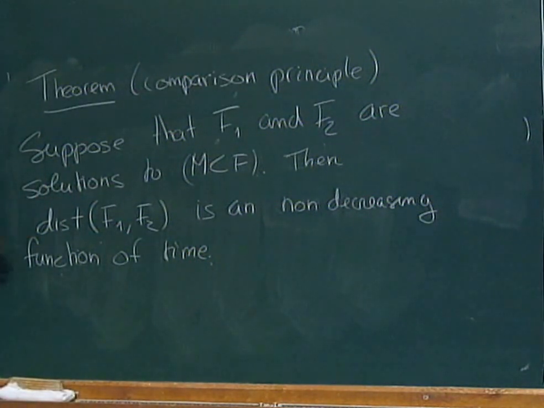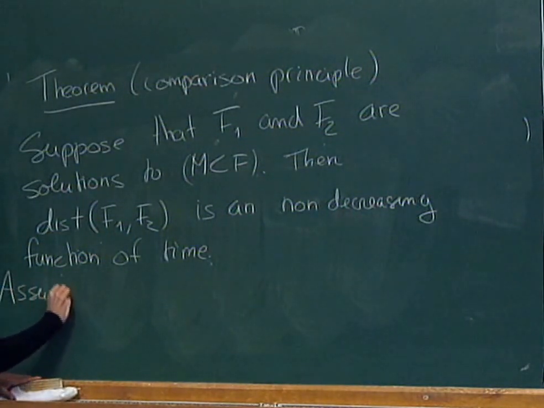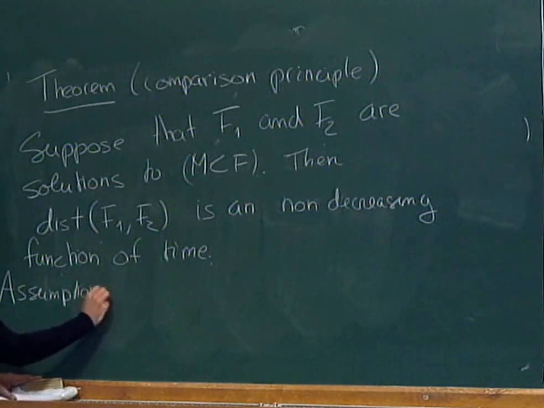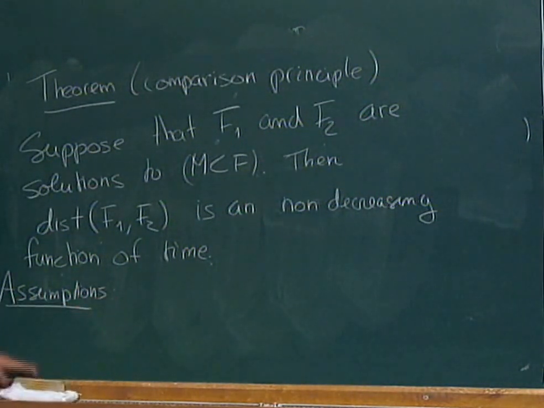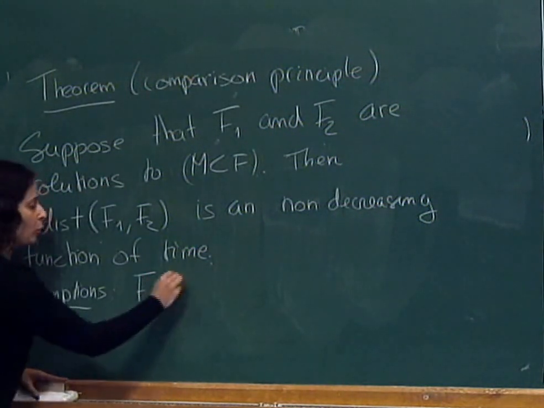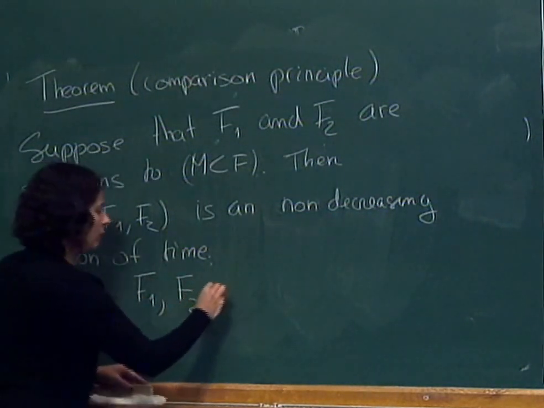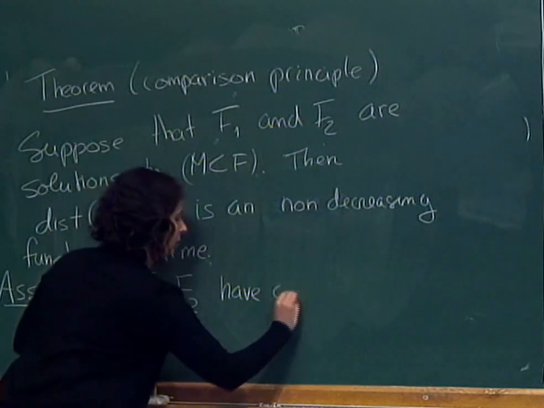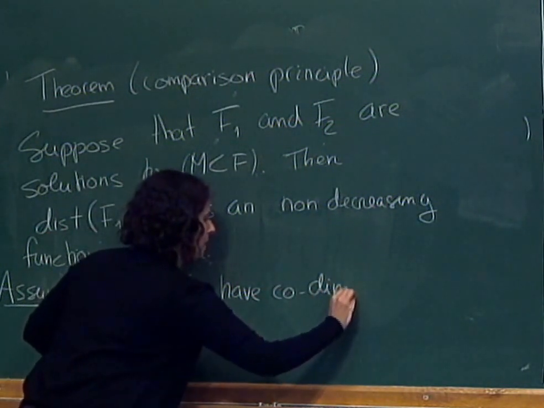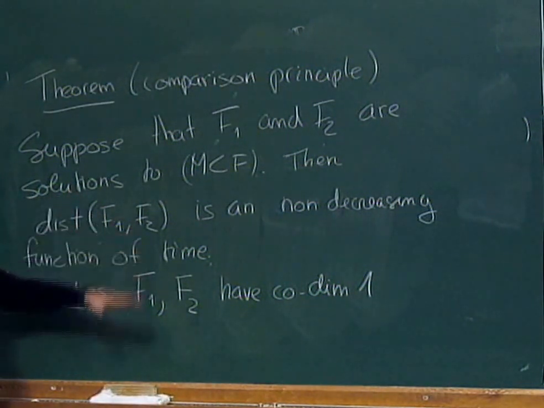Let me say a little bit about what I'm assuming here. There are assumptions that are important here. As I said yesterday, F1 and F2 have codimension 1. This is not true for higher codimension, or at least it's not as simple. And I will assume that they are not intersecting at time 0. You can say something when they intersect, but I'm not going to talk about that.